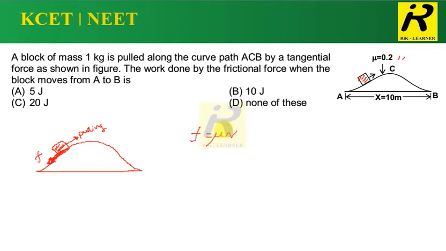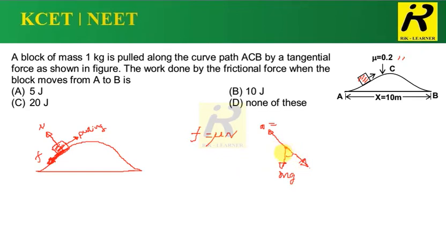So now think about this N. This N is the normal reaction, and the normal reaction due to the surface on the block acts in the upward direction. If this is the weight of the body, mg, the normal reaction is equal to the magnitude of the component of the weight somewhere here.